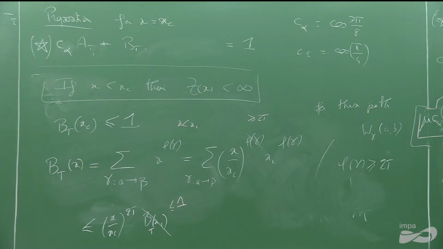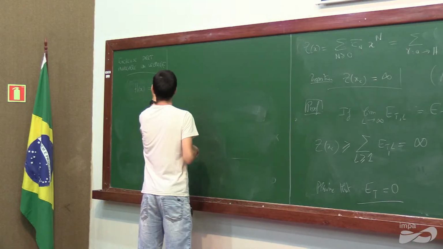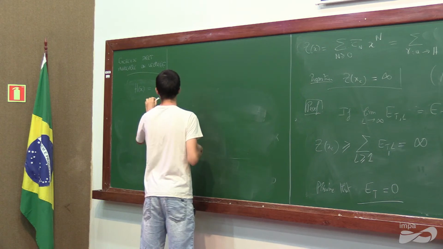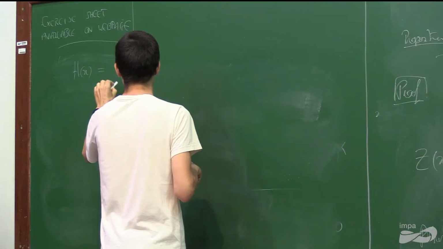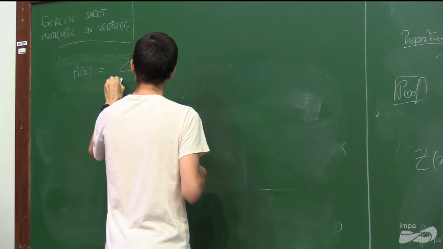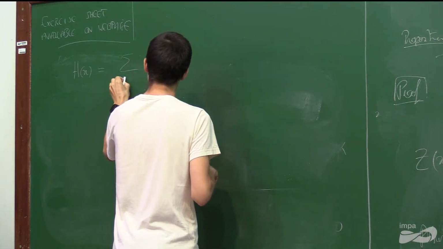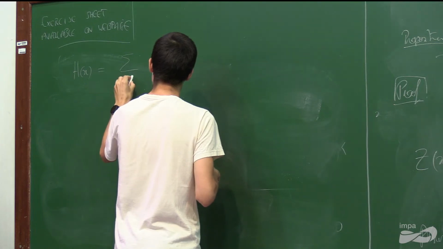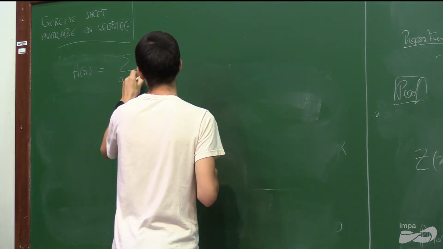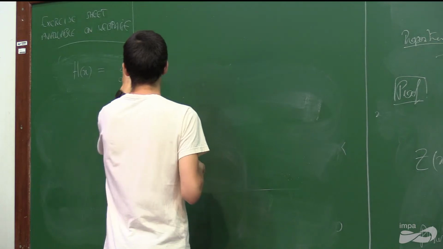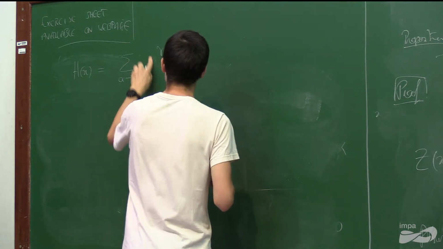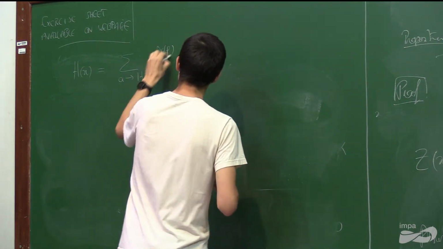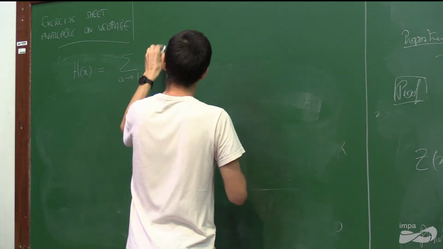First thing I will do is define some other function, which is hx, which is equal to the sum from A to H of x to the L gamma, sorry.